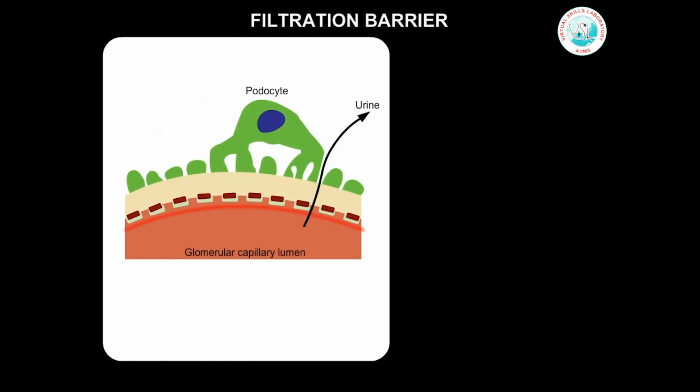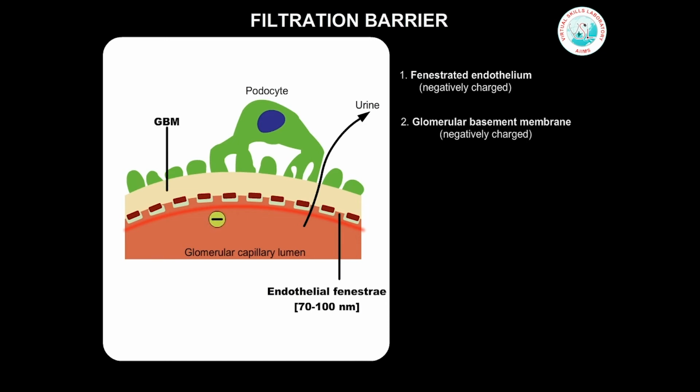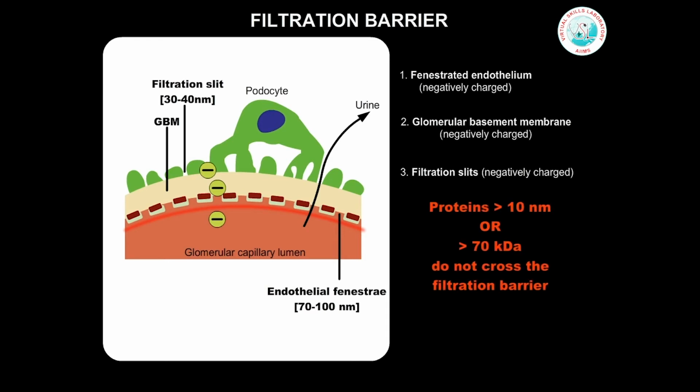Hence, the filtration barrier consists of the fenestrated endothelium with a negatively charged surface, the glomerular basement membrane, which is also negatively charged, and the filtration slits between the foot processes of the podocytes, which are also negatively charged. Thus, proteins greater than 10 nanometers in diameter or greater than 70 kilodalton do not cross the filtration barrier.